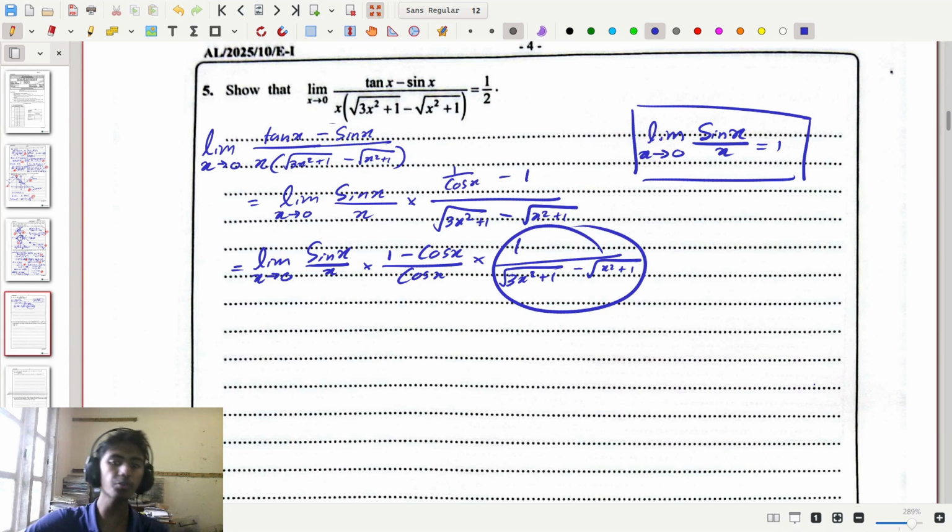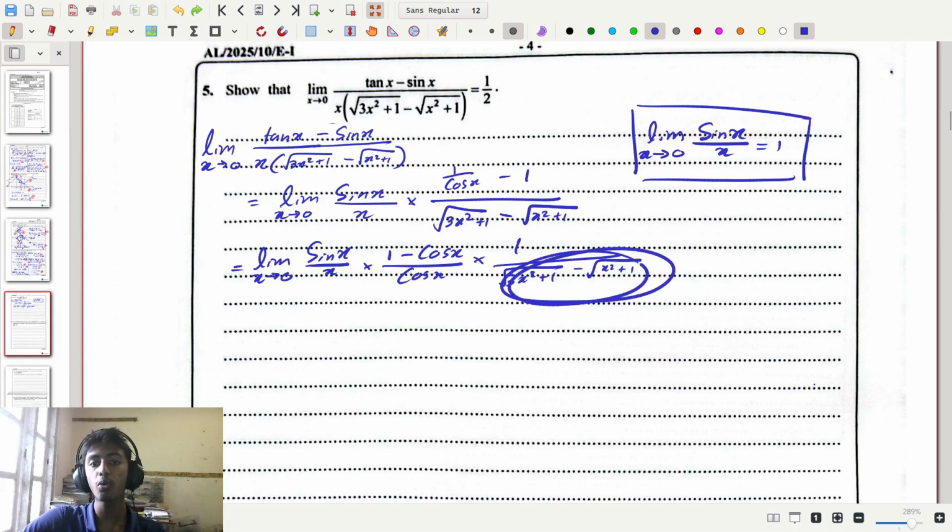In order to fix this, what we're going to have to do is to multiply the top and the bottom here by what we call the conjugate. In this case, since we have the square root of 3x squared plus 1 minus the square root of x squared plus 1, we're going to want to multiply the top and the bottom by this thing plus this thing.